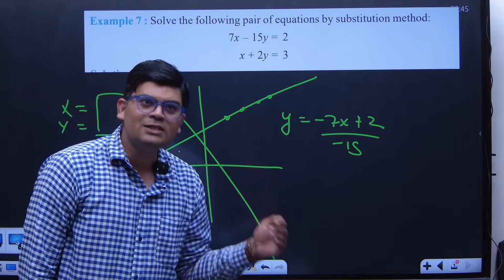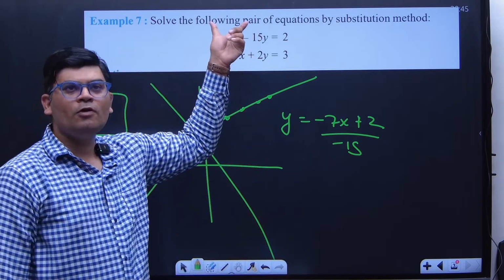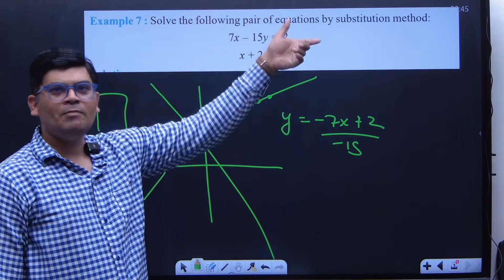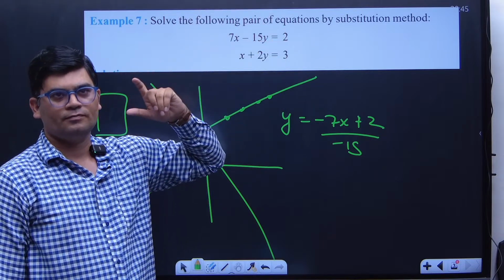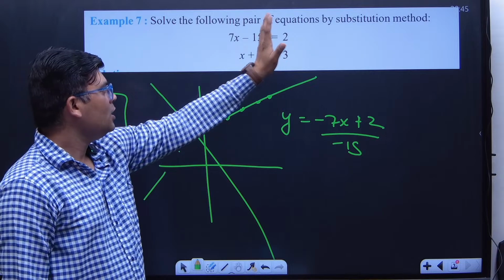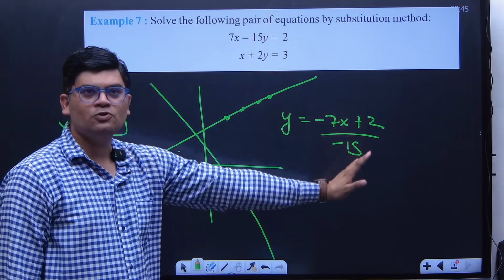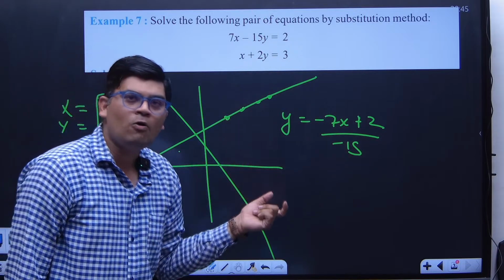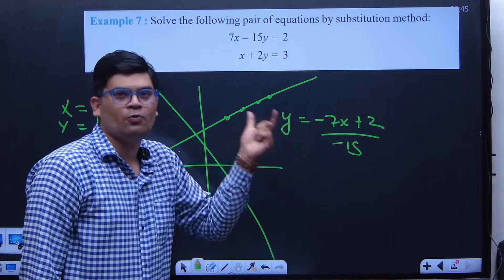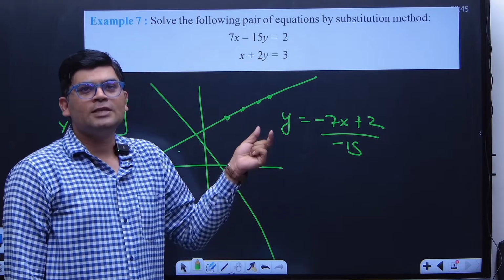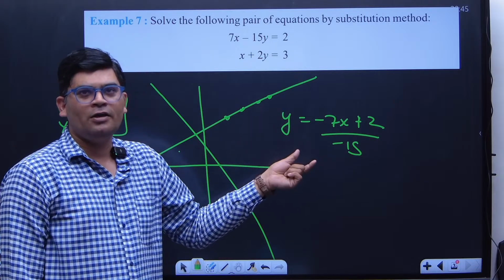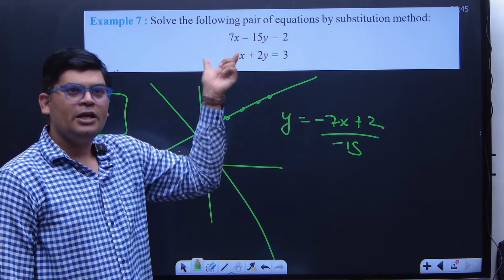If the value is the same, the same value from the first equation can be put into the second equation. So what was the value of y? y came out to be minus 7x plus 2 by minus 15. So now I am going to substitute the value of y from equation 1 in equation 2.